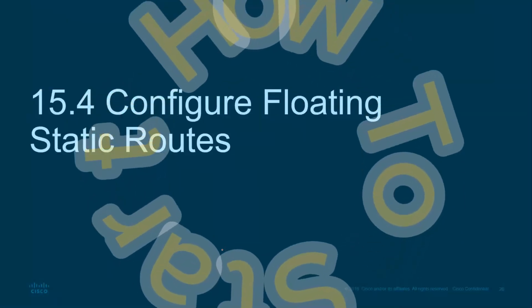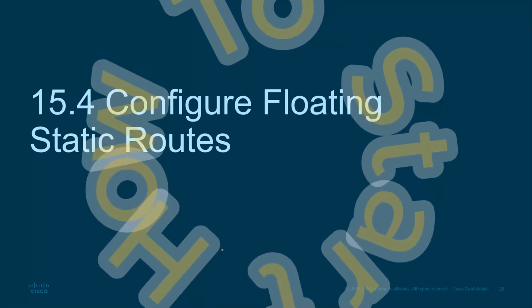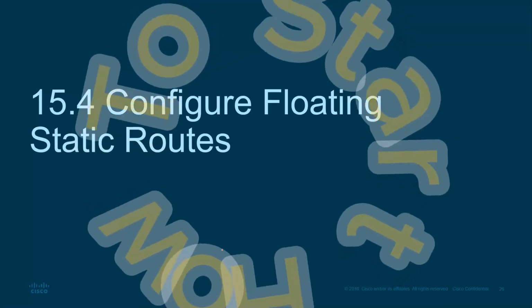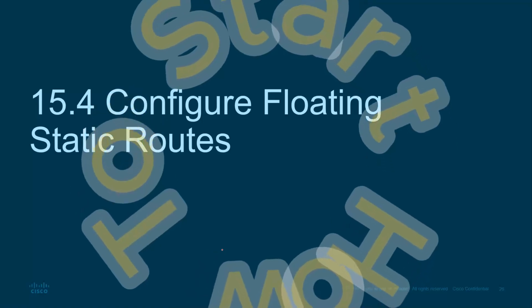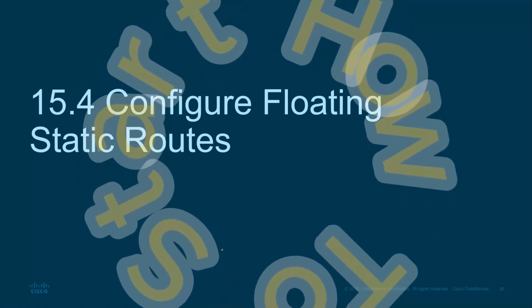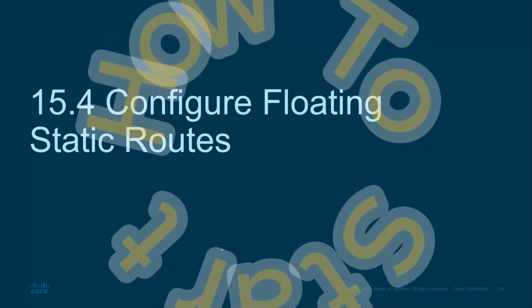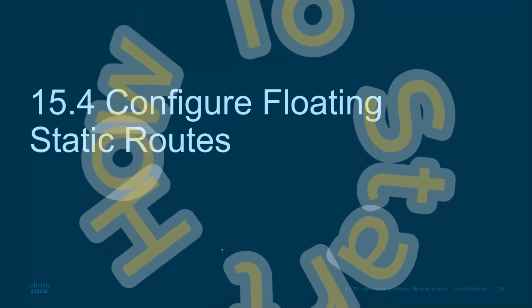So how do we configure floating static routes? If we have two ISPs, for example, how do we ensure that ISP 1 stays active? When ISP 1 goes inactive, we can have ISP 2 become active.